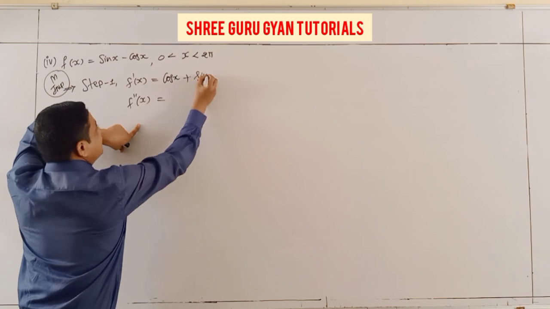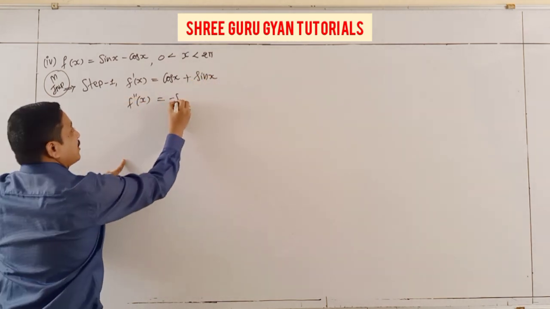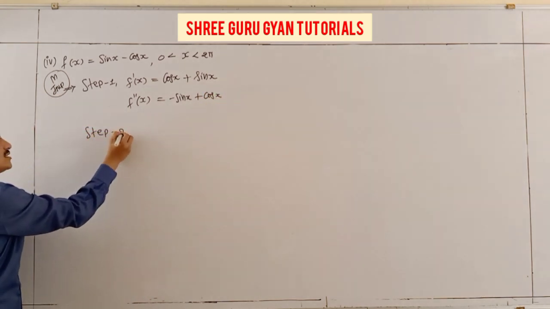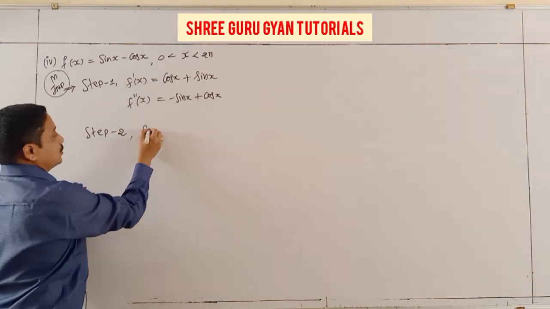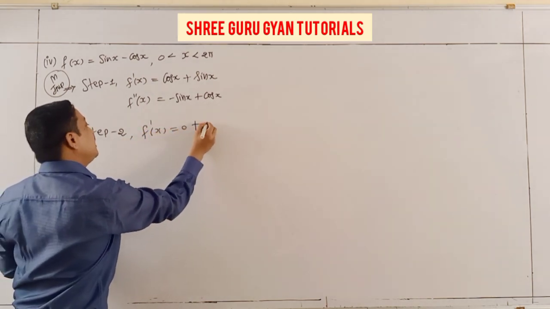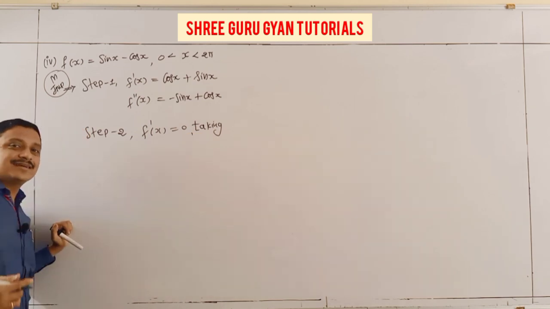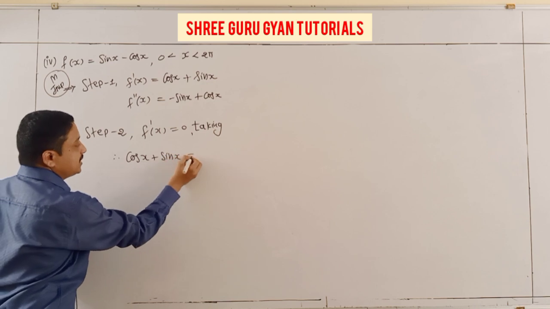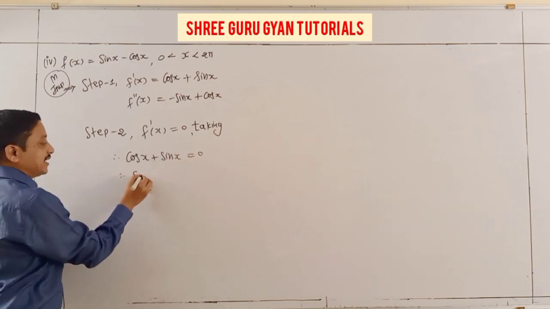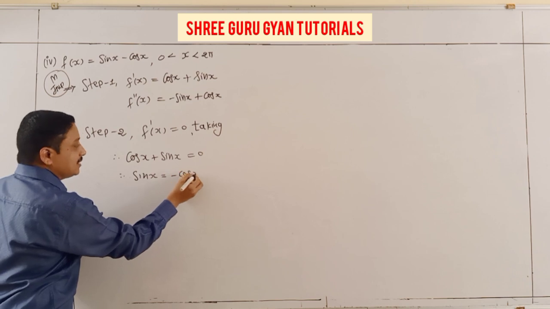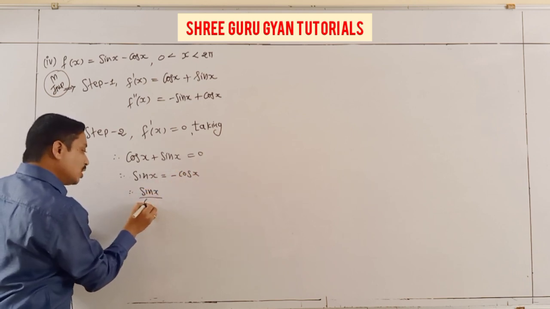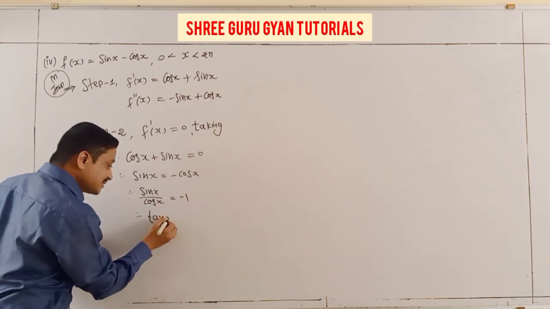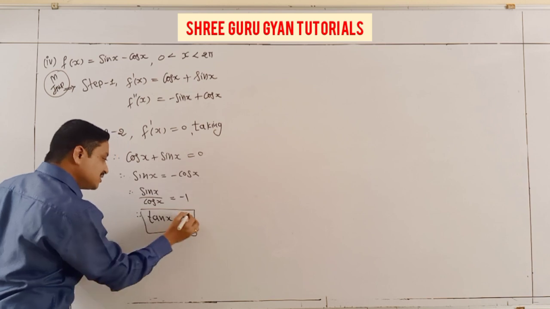It is plus sin. Now students, tan x is minus 1.